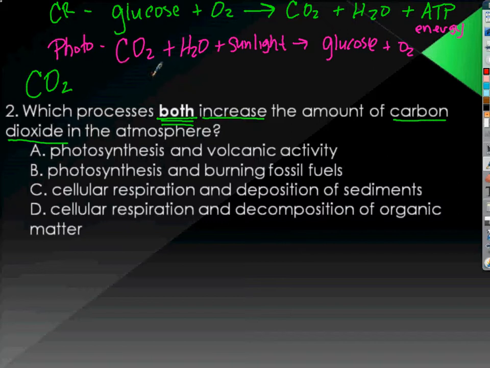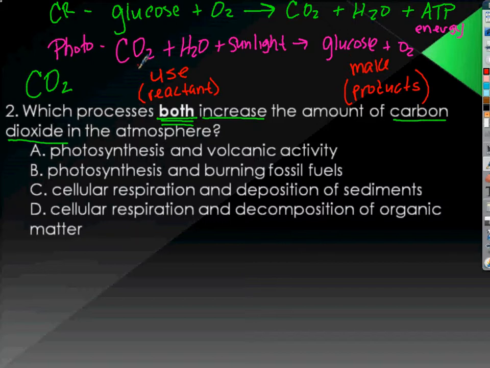If it's on the left, what we use, we call those the reactants. And this is what we make, or the products. So if we look, photosynthesis doesn't make CO2, it uses CO2.